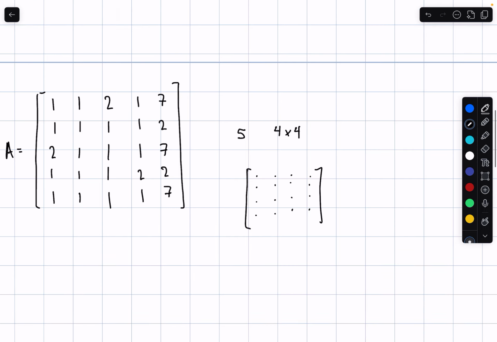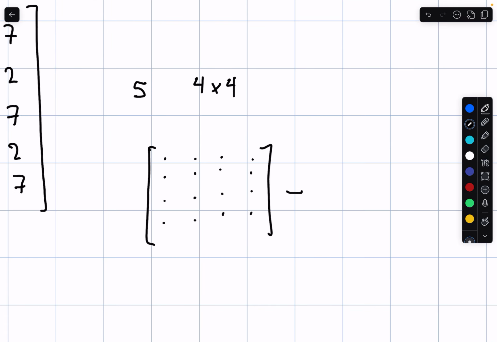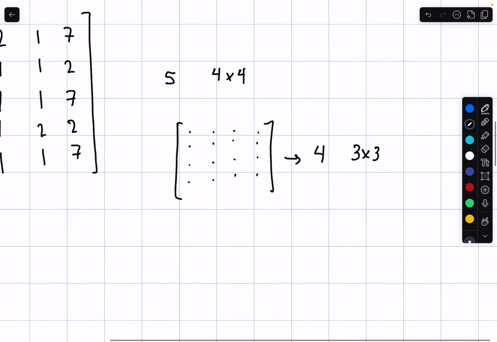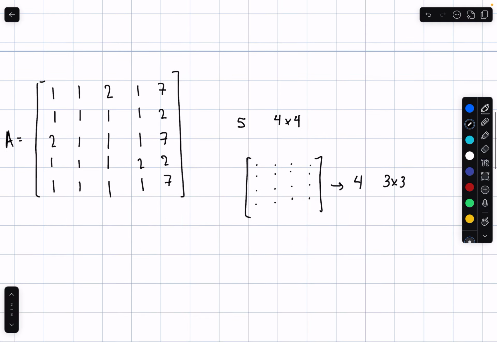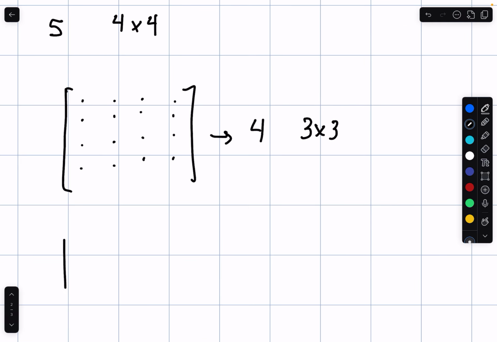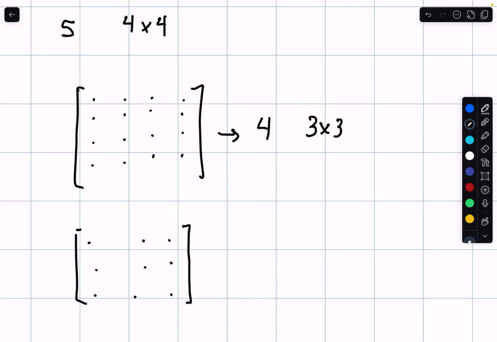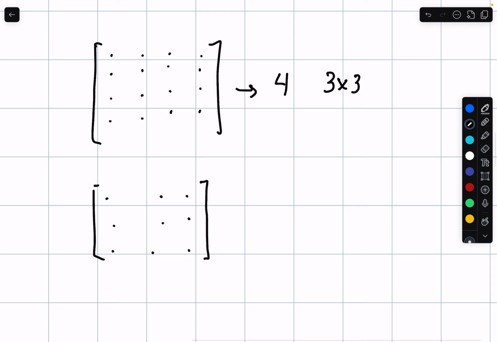And when we do cofactor expansion on these ones, each of these is going to give us 4 3 by 3 matrices. And then, just like we did up here, once we have a 3 by 3 matrix, we're going to have to do cofactor expansion on this 3 by 3 matrix. And once we do, each of these is going to give us 3 2 by 2 matrices.